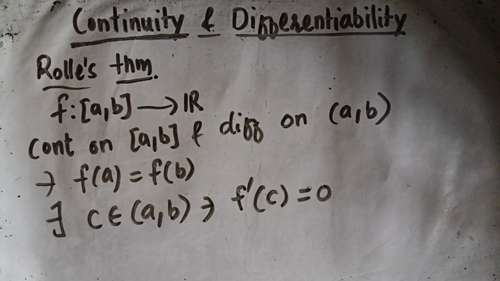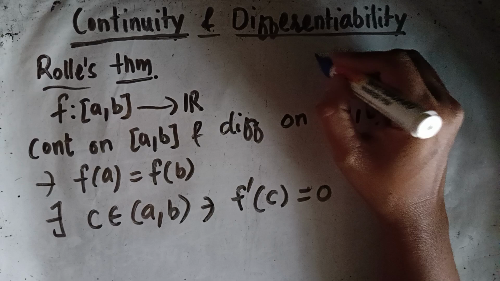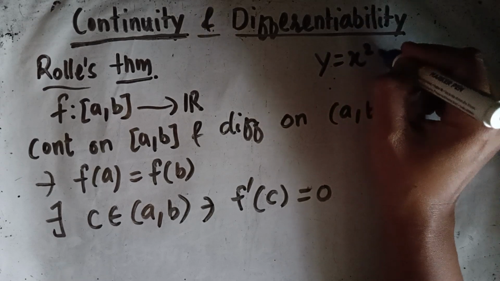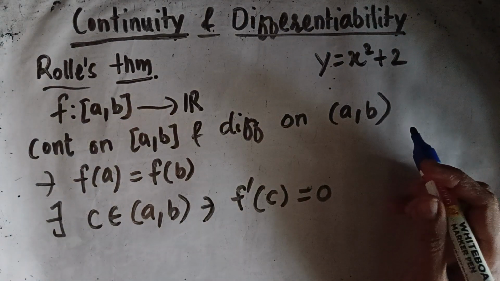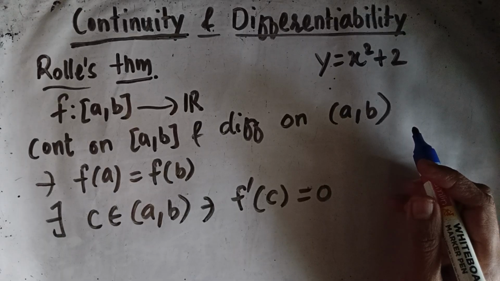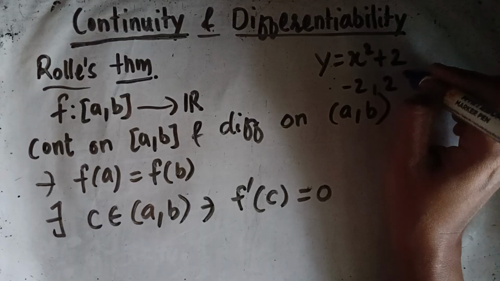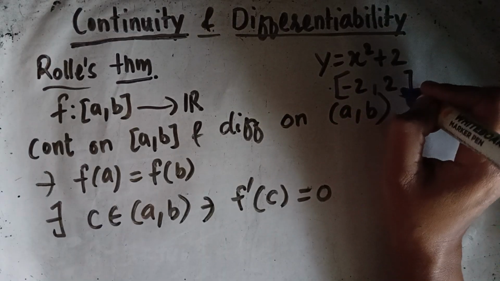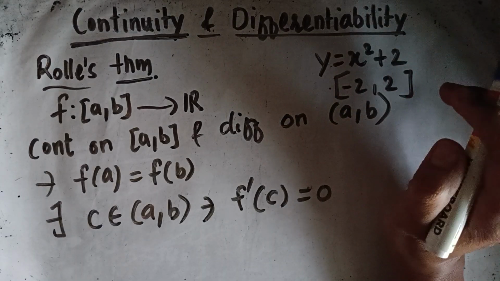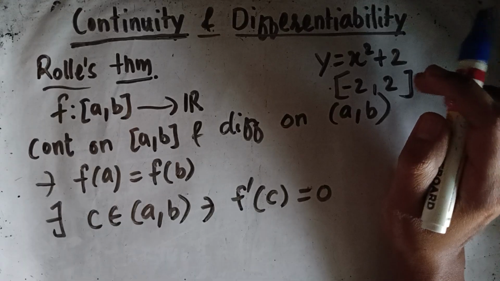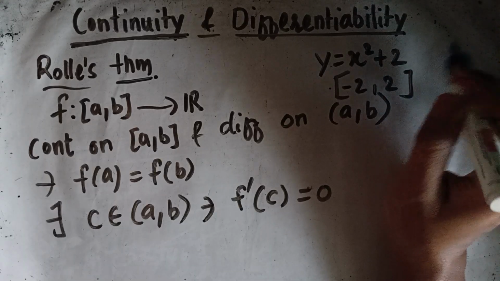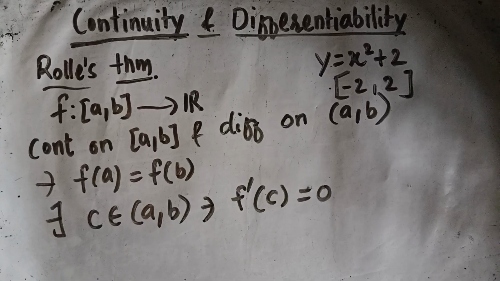So for example, if you take a function y is equal to x square plus 2, and a and b are given, that is your interval is given as -2 and +2. So this is continuous. You have to check for continuity, that is left hand limit and right hand limit.